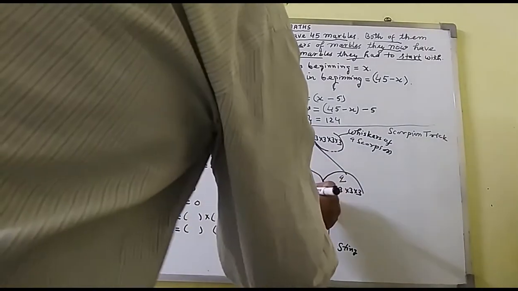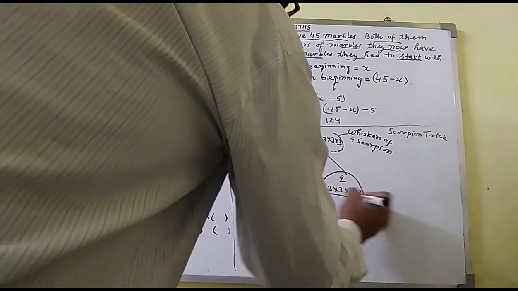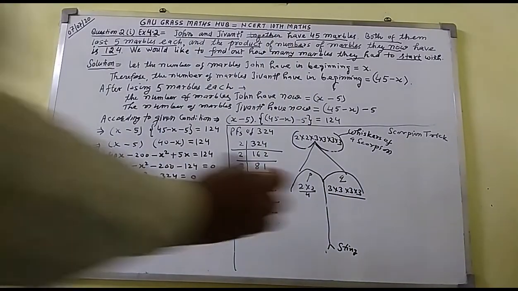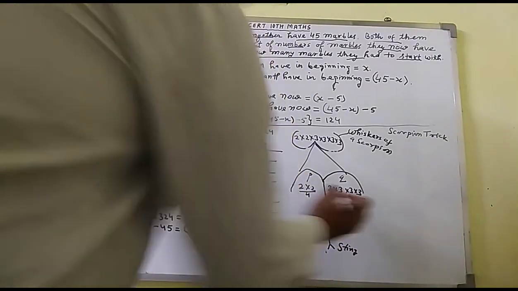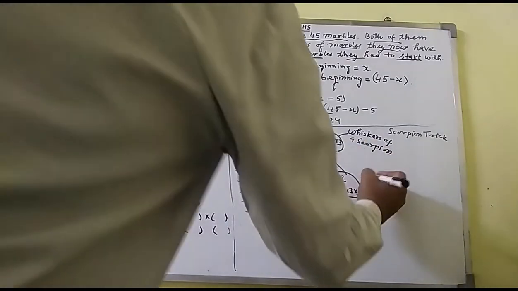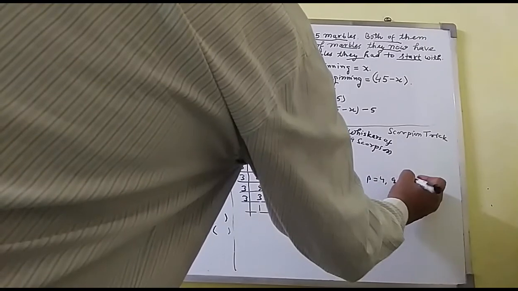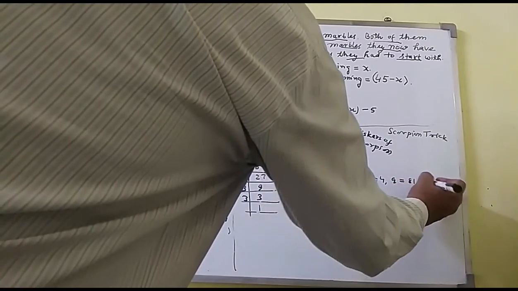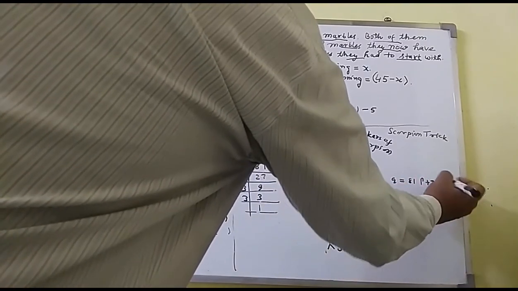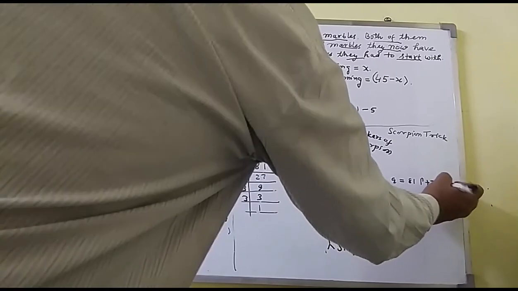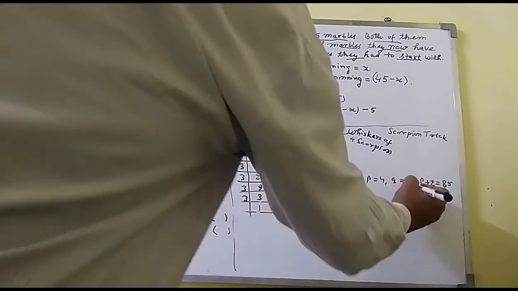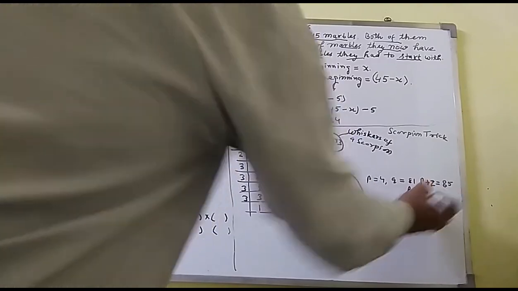Now do the operation here. Here you get 4, here you get 81. Here you have got P equal to 4, Q equal to 81. If you do P plus Q, you will get 85. Or if you do P minus Q, you will get 77.